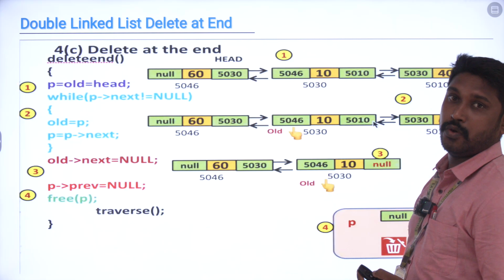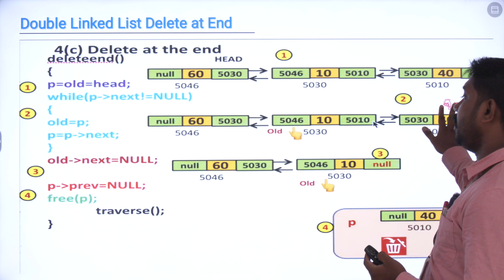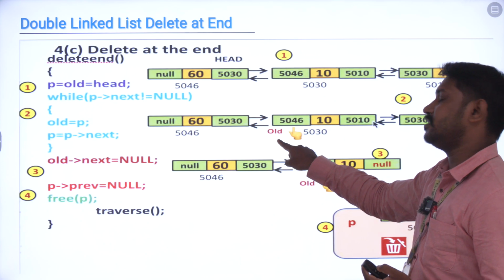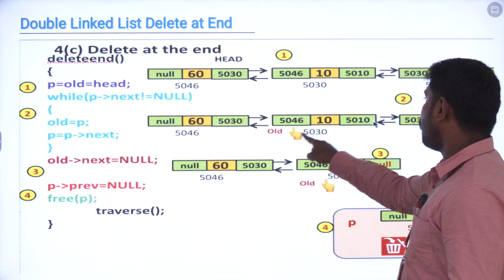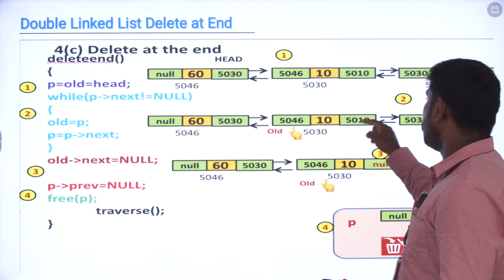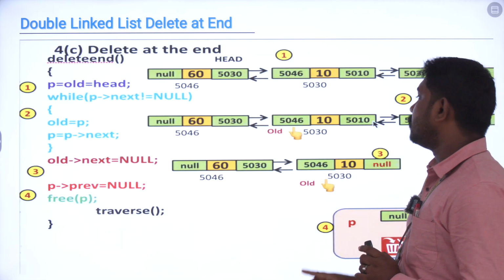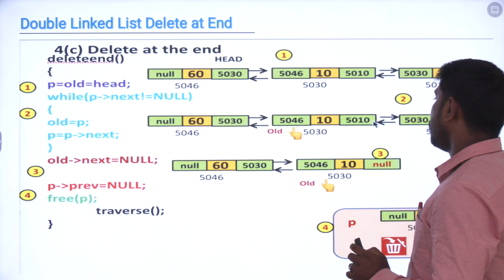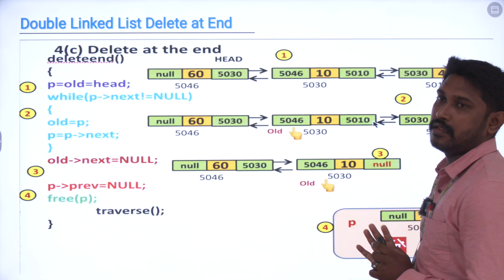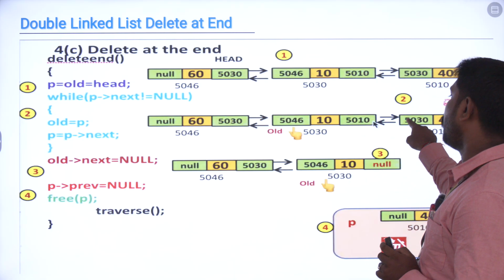Then what are we going to do? This node is going to be deleted. This node will be considered as P and the previous node will be considered as old, the same concept. So what am I going to do? The old of next is equal to null and the P of previous is equal to null. So this pointer is going to become null and this pointer is going to become null.